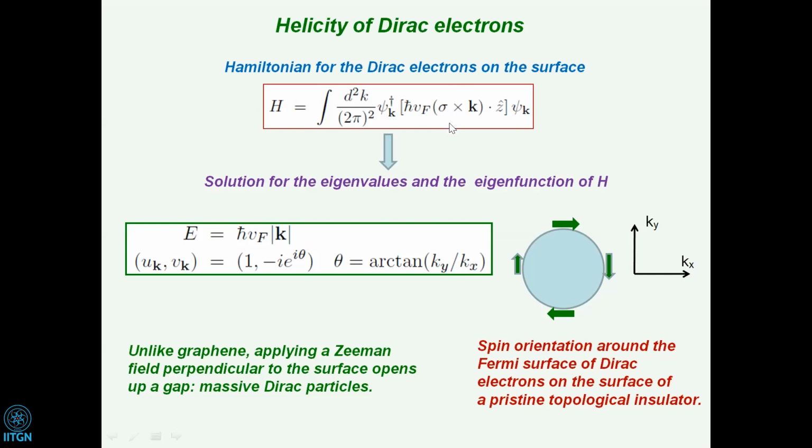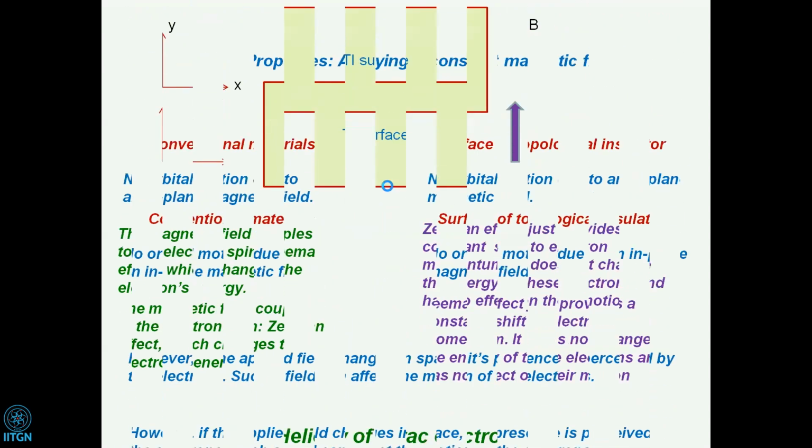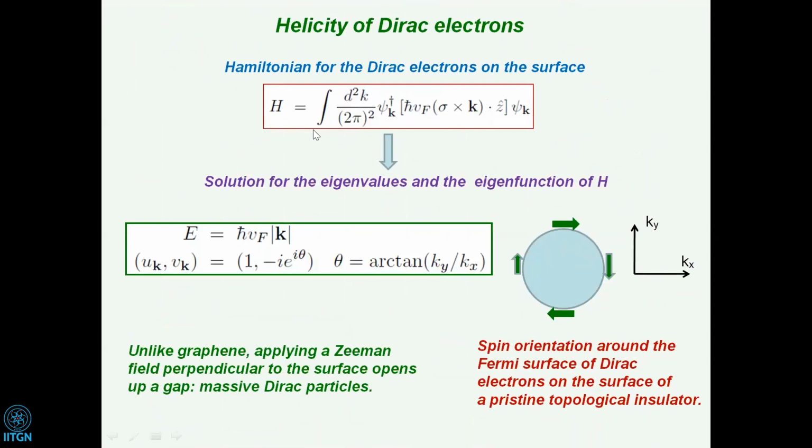And typically it is seen by experiments, and I'm going to say what experiment that is in just a moment, that this is the particular form that is realized on the surface of the topological insulators. There is no particular reason for this. This is a consequence of the band properties. But the point is that this is typically seen in experimental situations.